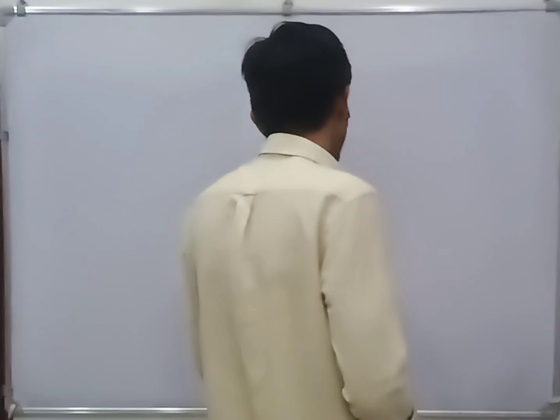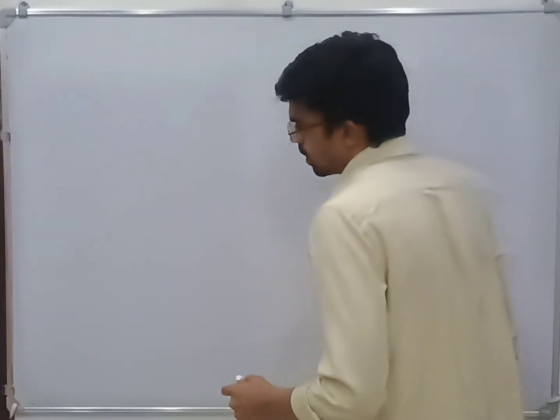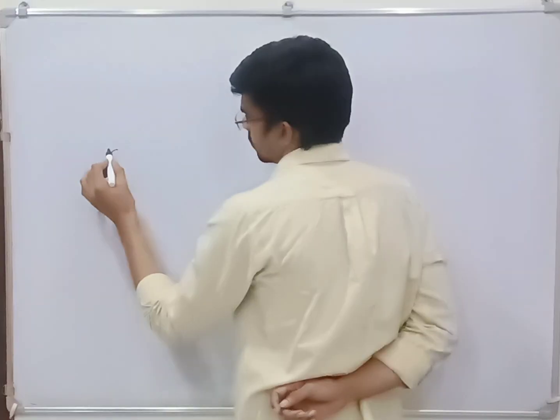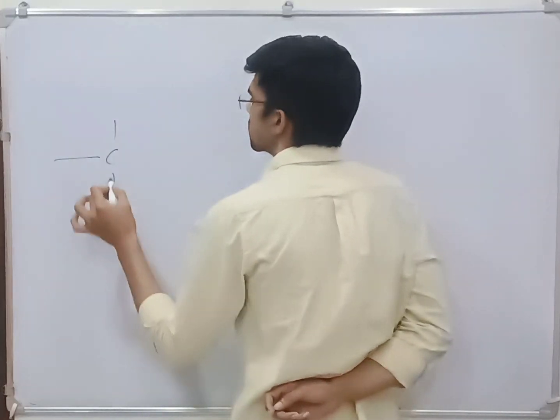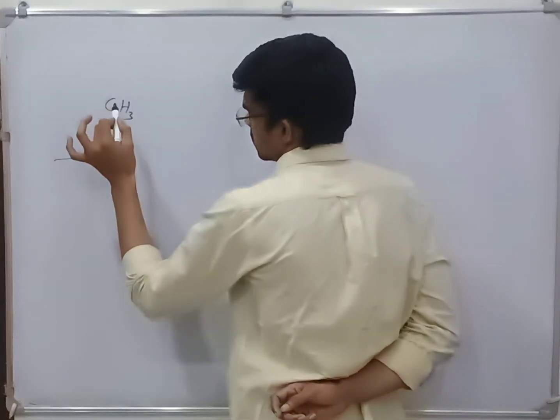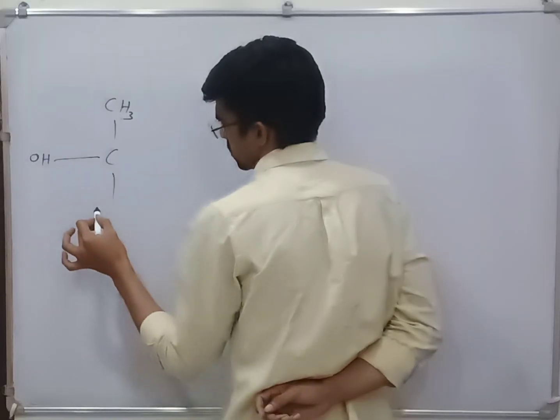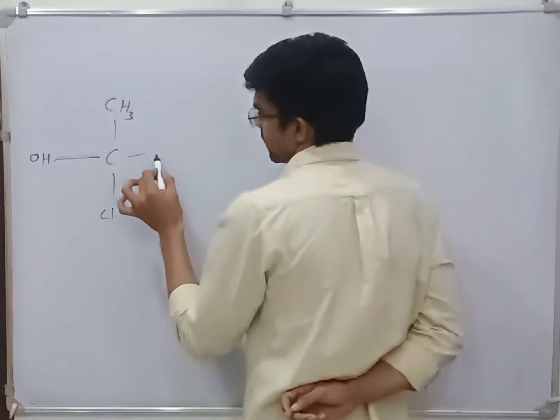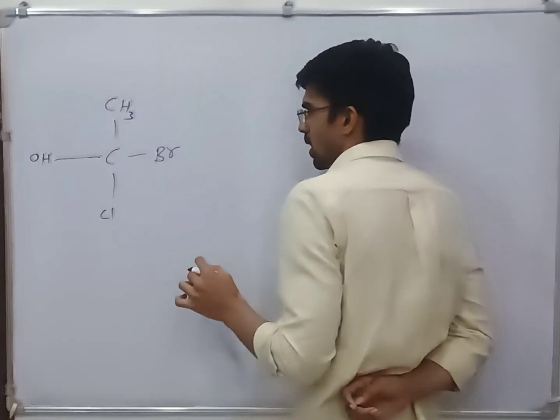See, consider the optical isomer and its mirror image. Let us consider you have an optically active organic compound like this, CH3, OH, Cl, Br.